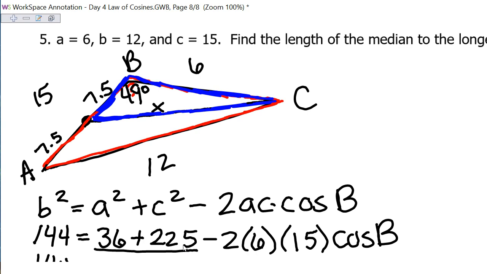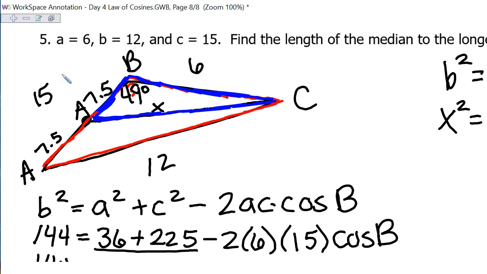So we're still going to do b squared equals a squared plus c squared minus 2ac cosine of angle B. But now we're doing it for the small triangle at the top. So for the small triangle at the top, we're looking for the length B, so I called it x. So it's going to be x squared equals, and let me add an a right here at the midpoint.